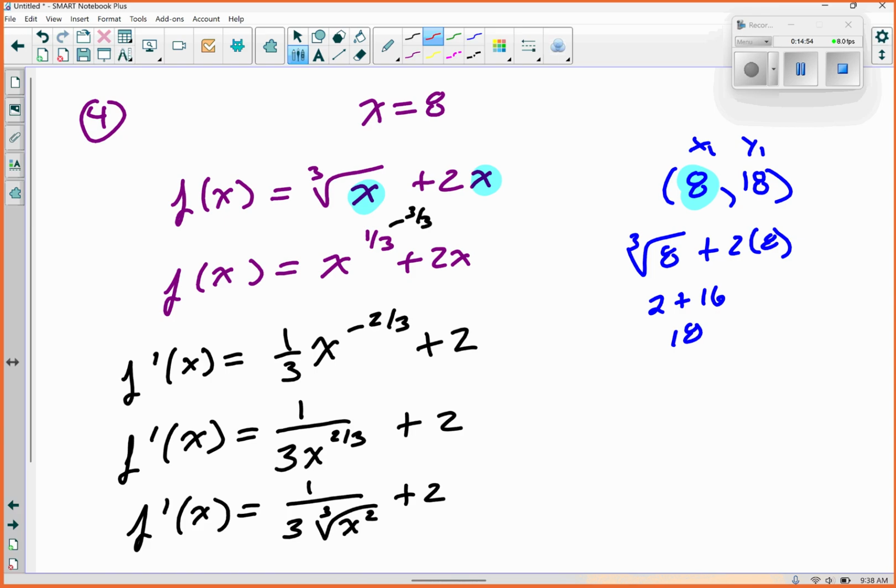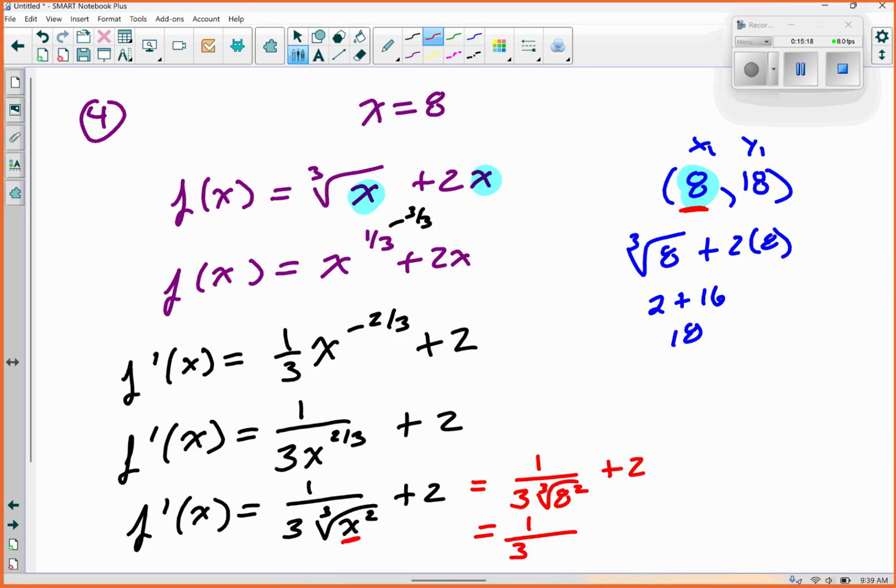So then I'm going to take this 8 and I'm going to plug it in right here. I'm going to get 1 over 3 times the third root of 8 to the second power, plus 2. All right, if we do the math right, let's see.